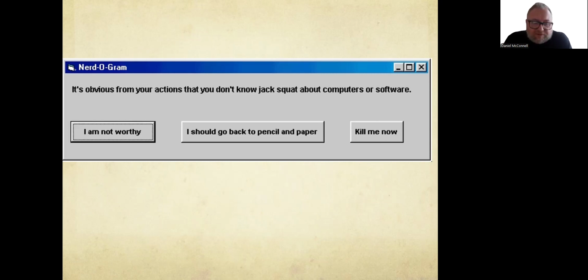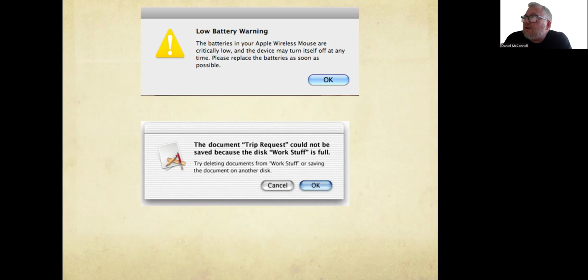Well, we just have a few humorous examples of things. And oh, it's the early days of Apple Macintosh computers. You can see maybe they made some effort here at providing more meaningful error messages, right? So when there is a low battery on the wireless mouse in this case, you don't just see the mouse kind of flashing and shutting itself off, right?